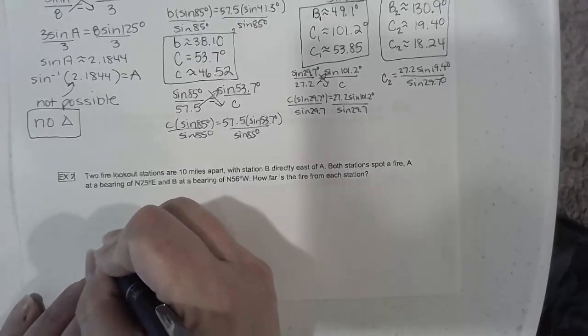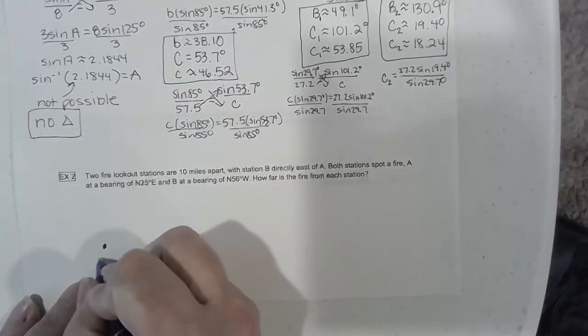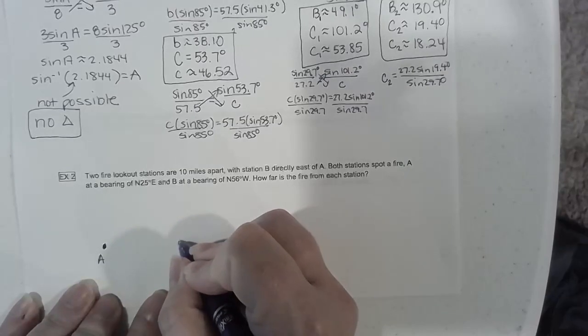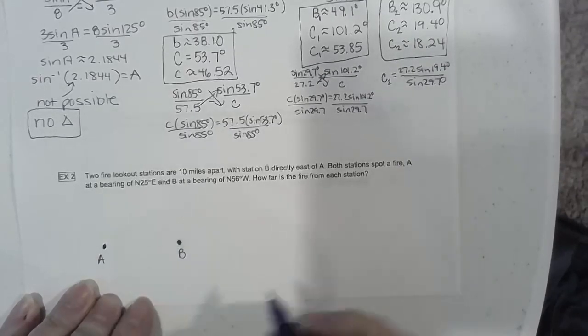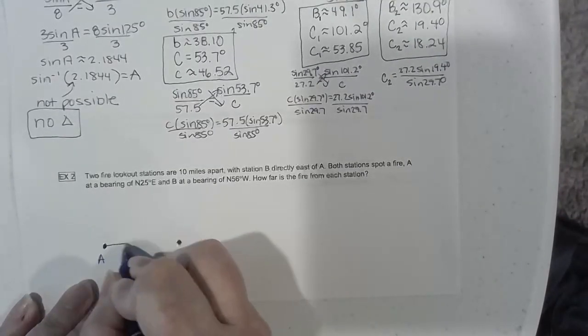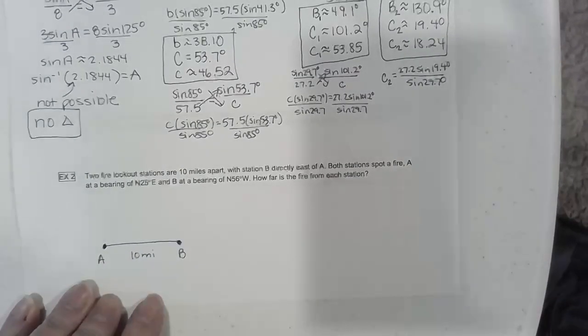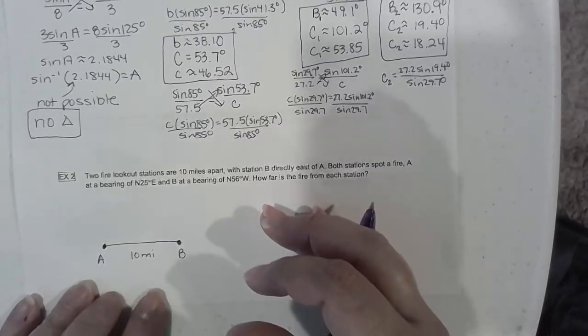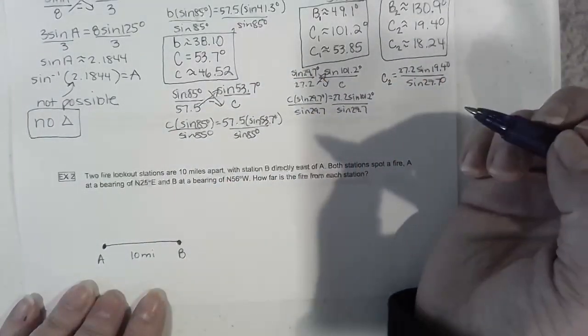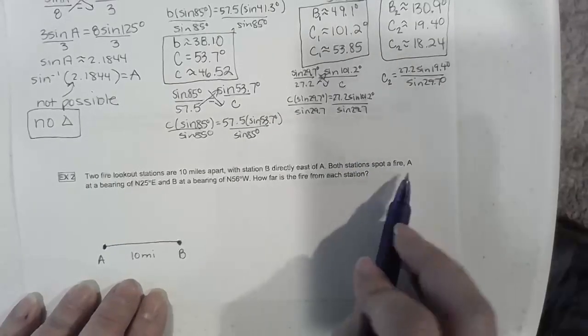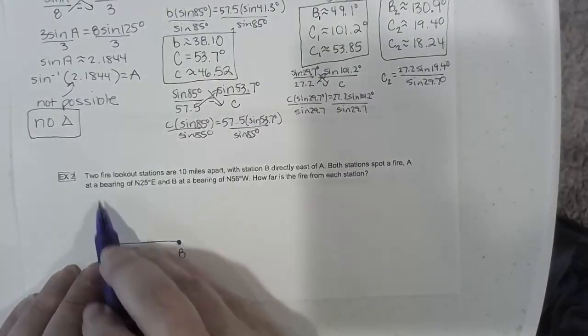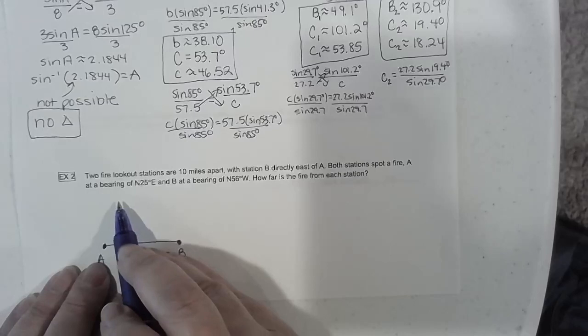So if I am going to make Station A and Station B, I am given that they are 10 miles apart. So this is 10 miles. It says that the fire is spotted from A at a bearing of north 25 degrees east.